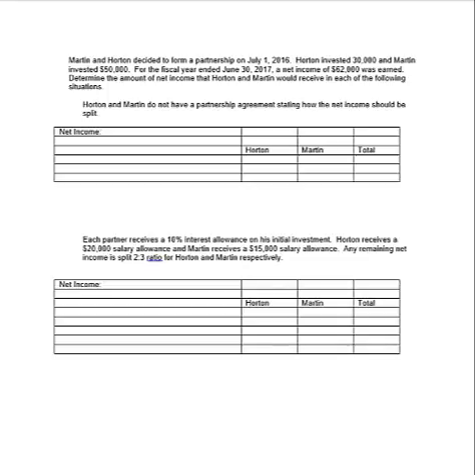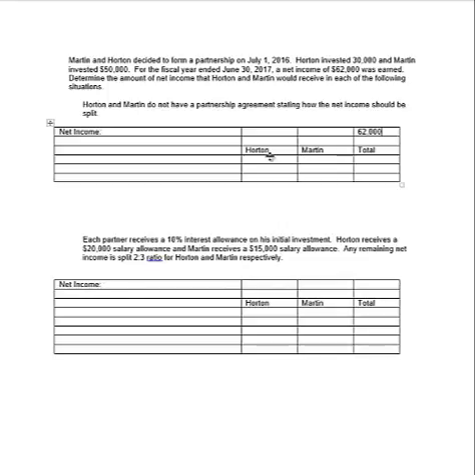In the first situation, it says that Horton and Martin do not have a partnership agreement stating how the net income should be split. So we have net income of $62,000, and the question is, how much does each partner get?